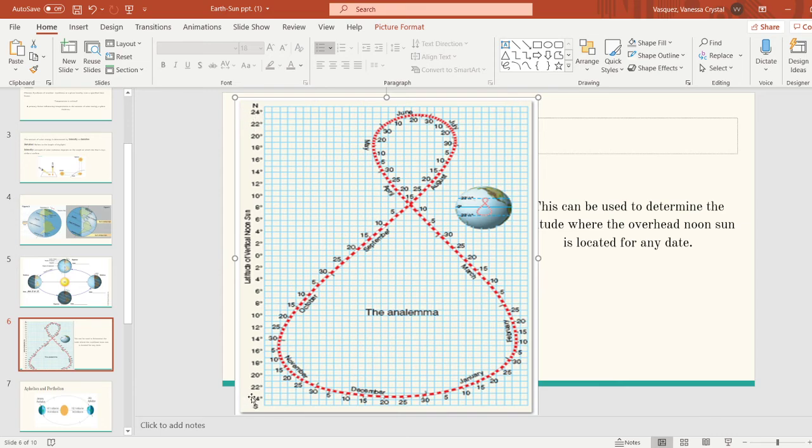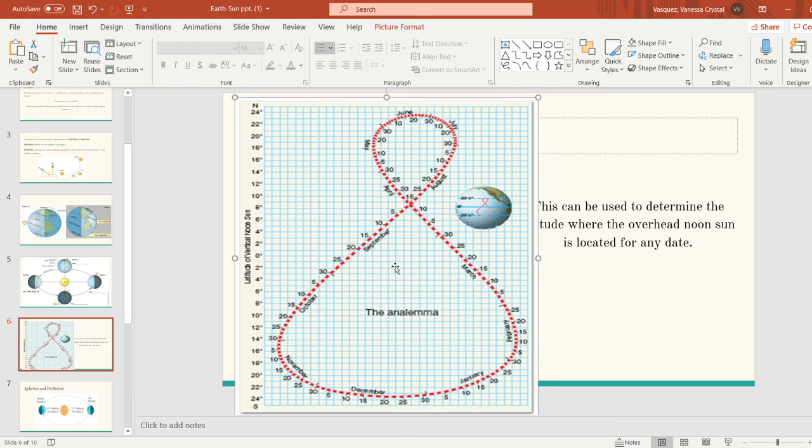And then 23.5 degrees south, right here, that's the Tropic of Capricorn. So again, we know that the overhead noon sun is on December 21st, 22nd at 23.5 degrees south.